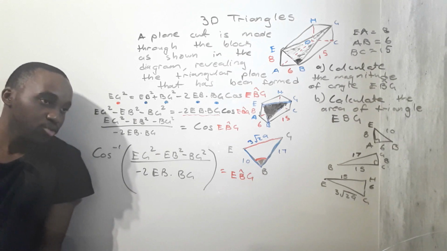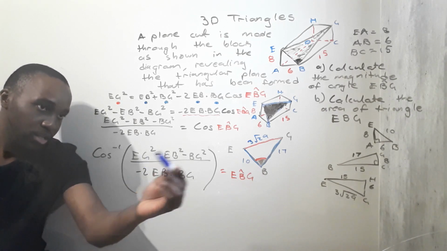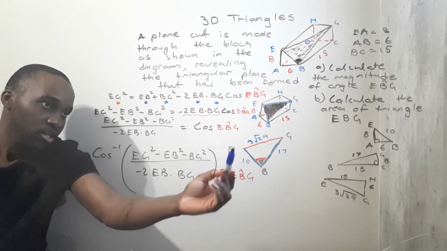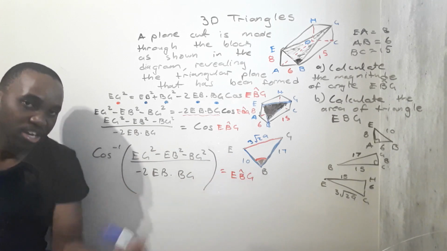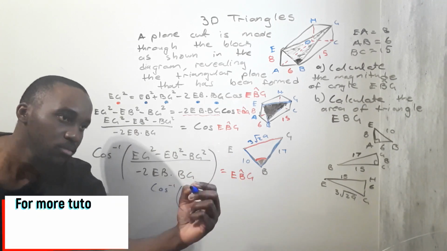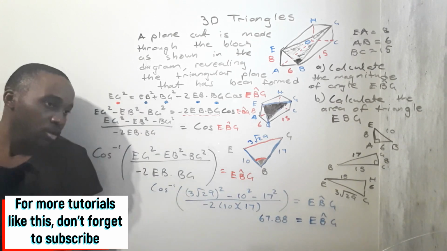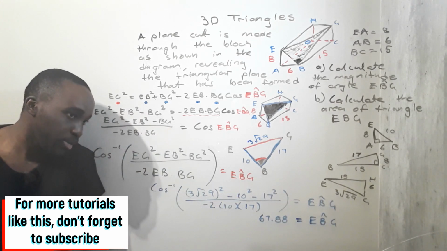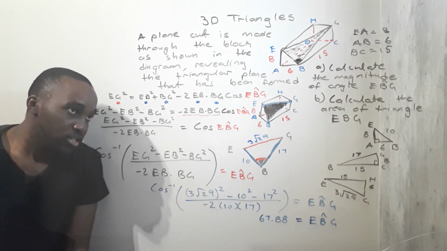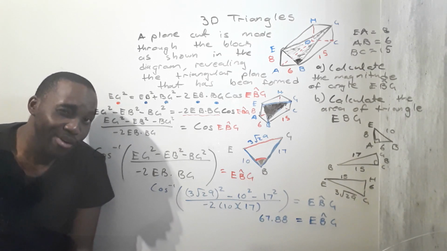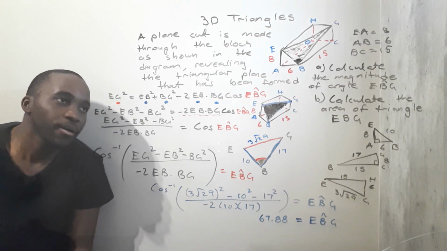So obviously at this point in time, you're literally home free, because all you need to now do is get the values for your letters here from your triangle and then throw them in there, get your angle. So doing that, you're getting there, your angle for EBG is 67.88 degrees.